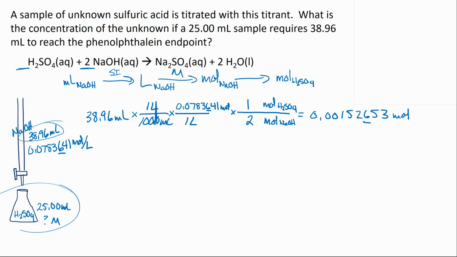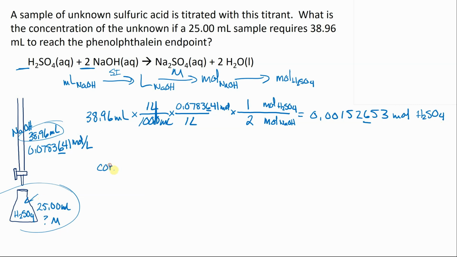I still have 4 significant figures, both from the concentration from the previous slide and from that volume of titrant. So this is the moles of sulfuric acid that were in the flask that required 38.96 milliliters of sodium hydroxide to react.